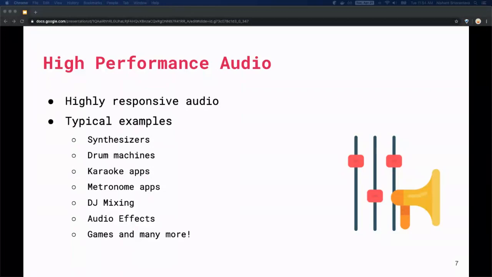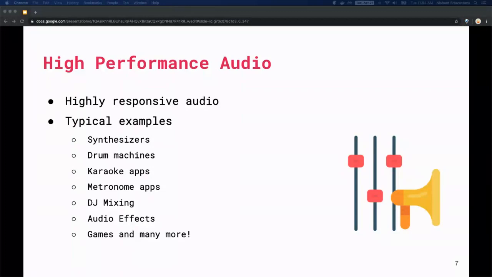Typical examples of this would be synthesizers, which synthesize audio and handle all the different sections when it comes to creating audio, right? So these are synthesizer applications that you would have on Android. Then you also have drum machines that play drum sounds when you hit a certain view, I would say widget.